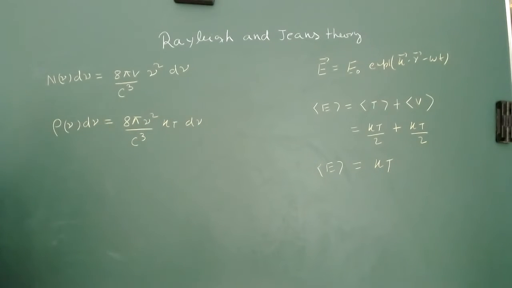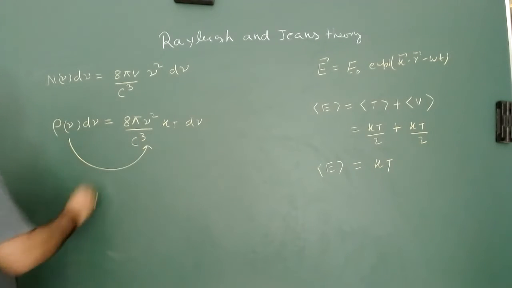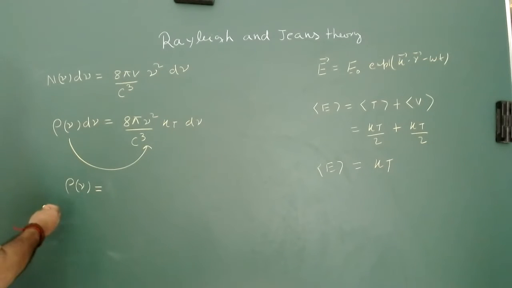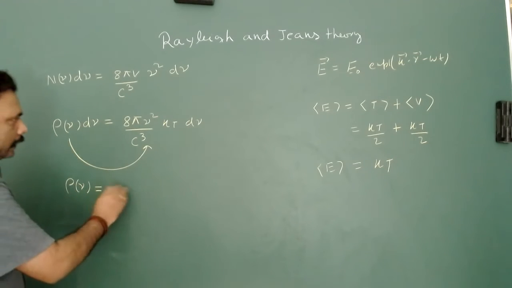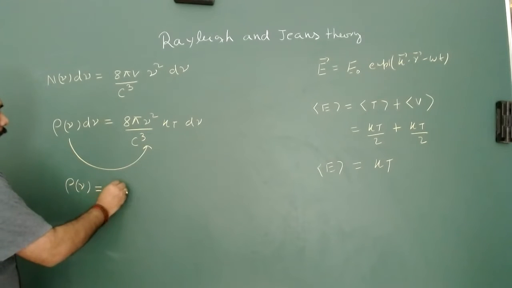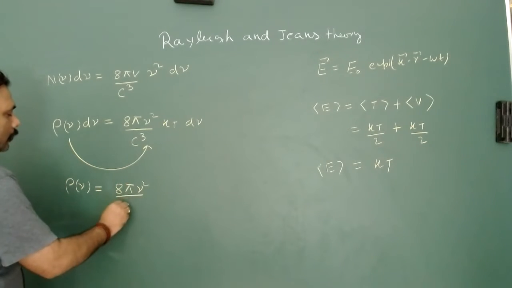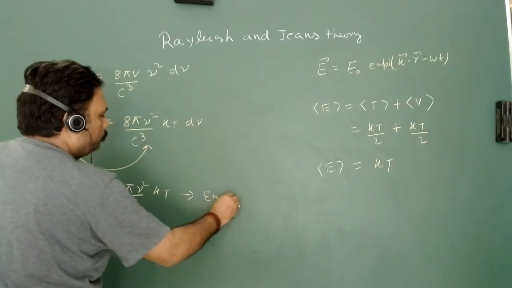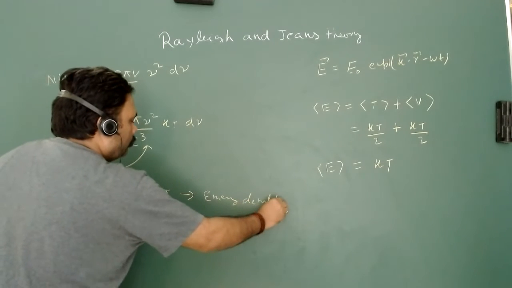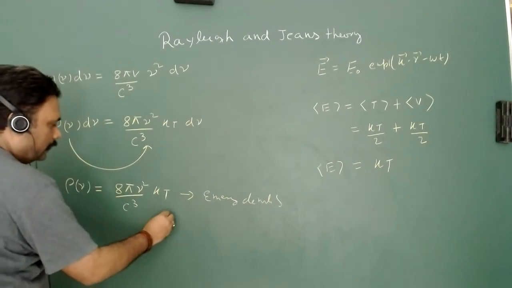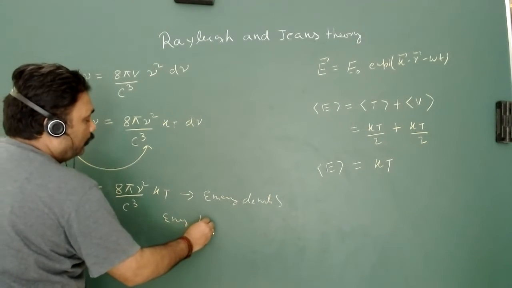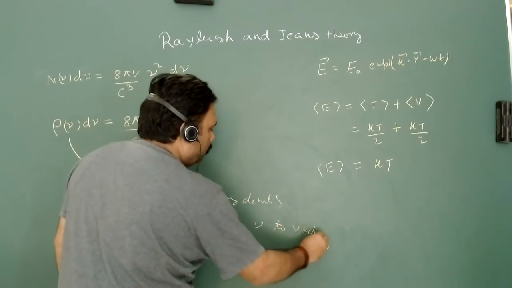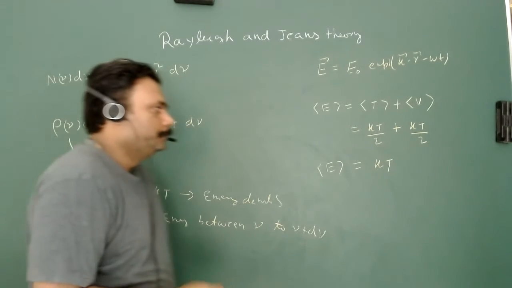Here rho nu is the energy density, the energy per unit volume in the range of frequency nu to nu plus d nu, which is 8 pi nu square upon c cube kT. So he has calculated all this energy.